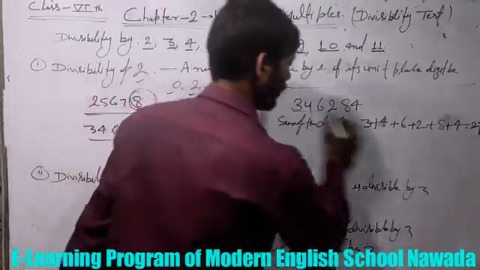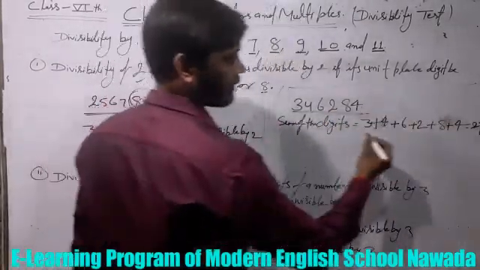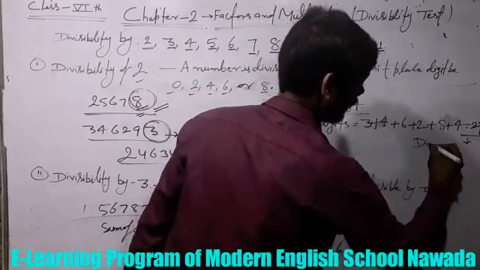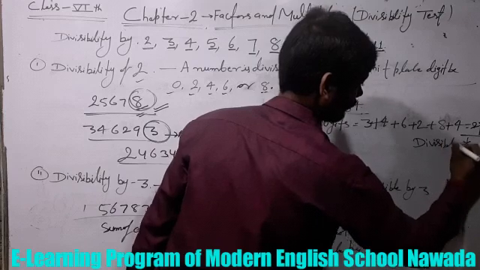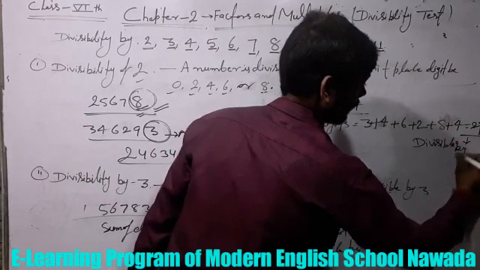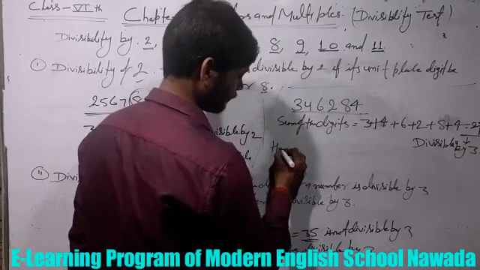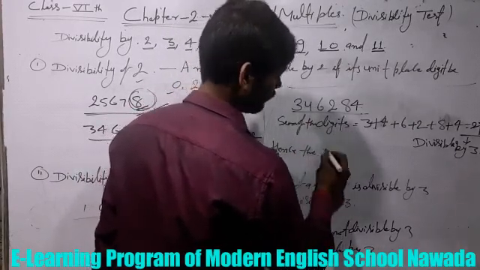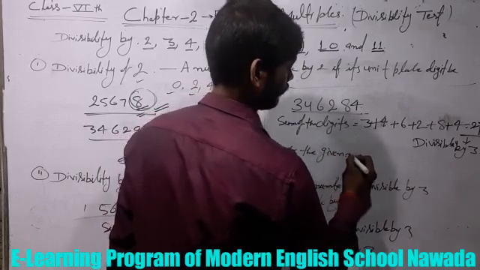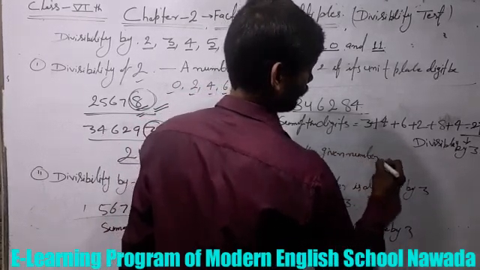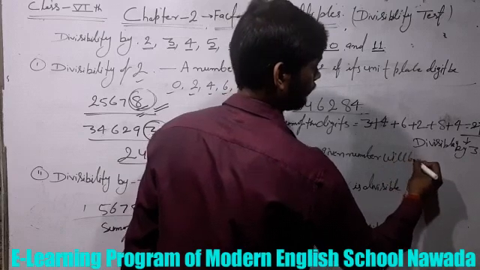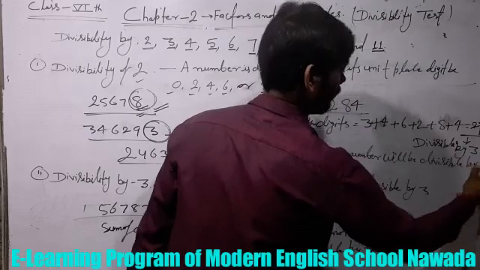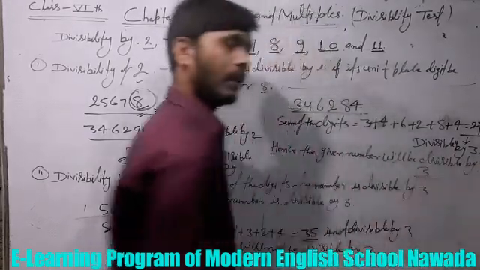In this number the sum is 27, and 27 is divisible by 3. Hence the given number will be divisible by 3. Understand?